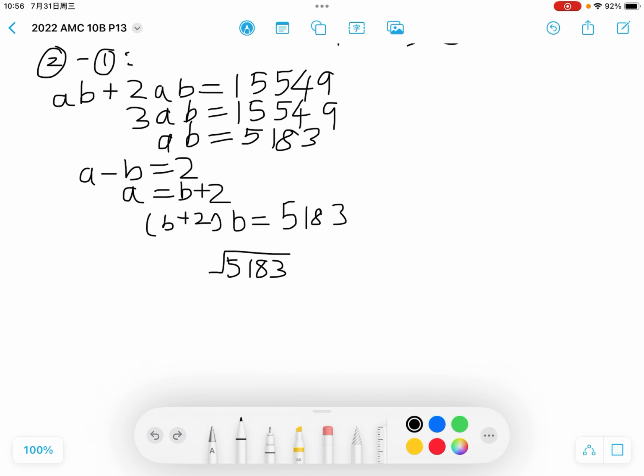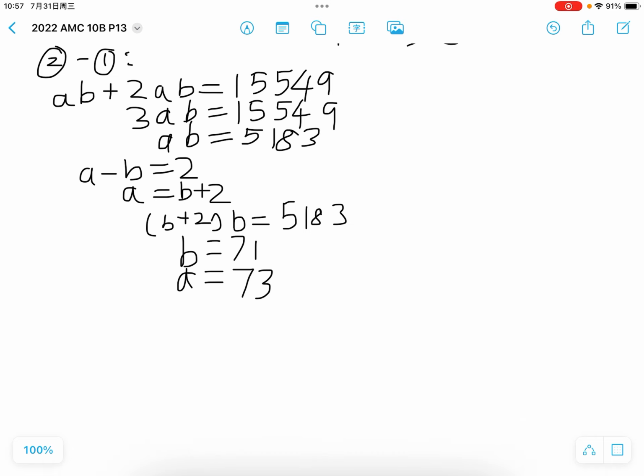We know that 70 squared is 4,900, so it's somewhere between 70 and 80. If you try the prime numbers between 70 and 80, B is 71, and A is 71 plus 2, which is 73. That's an easy way to factor this out. You can try multiplying these two together, and they do indeed give you 5,183. So A and B are 71 and 73.